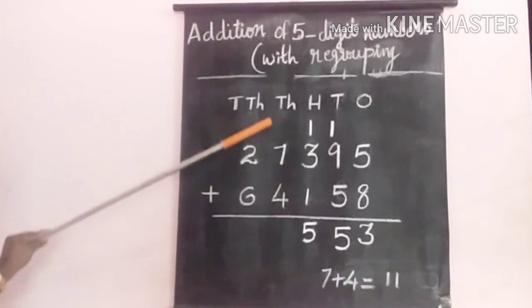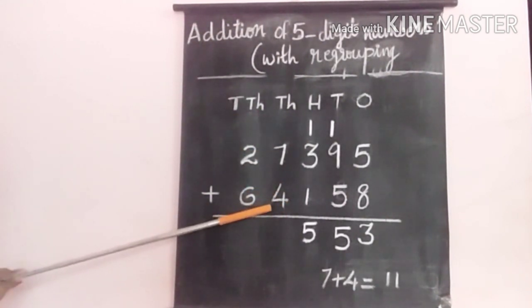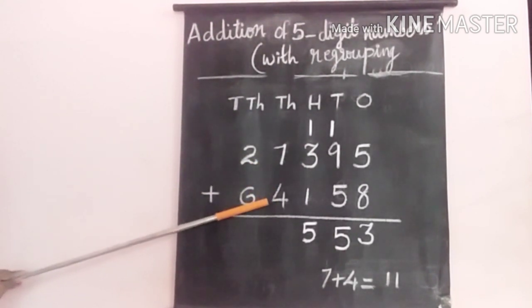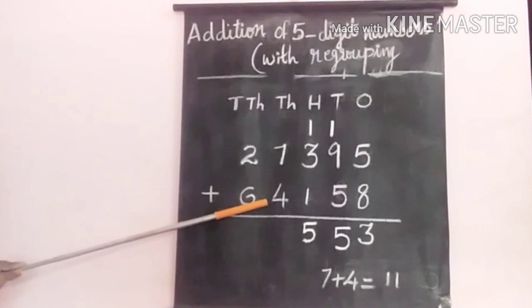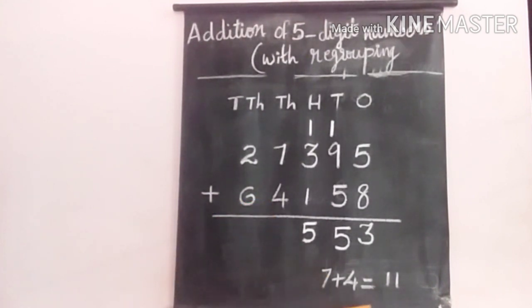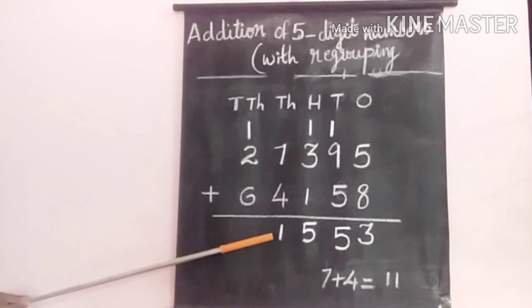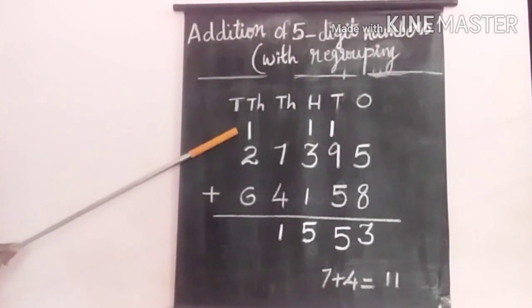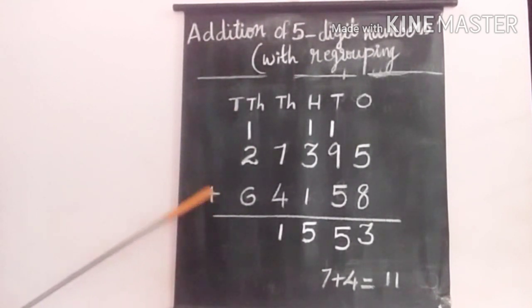Next add thousands place digits. That is 7 plus 4. What is the answer for 7 plus 4? Yes, 11. So you can write 1 in thousands place and 1 as carry over to 10,000. Next, you can add 10,000 digits.